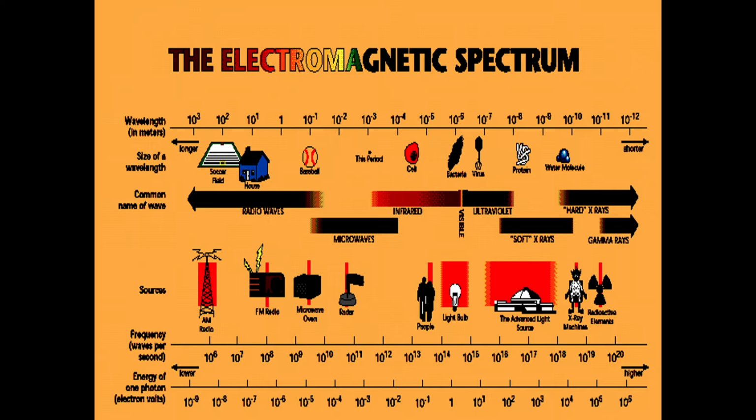So, for example, microwaves and infrared, you observe those in molecular transitions. Ultraviolet, you see in atomic transitions when an electron goes from one state to another. Soft X-rays and hard X-rays come from accelerated charged particles. Gamma rays come from accelerated charged particles or nuclear decay.